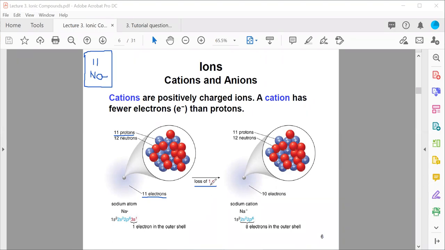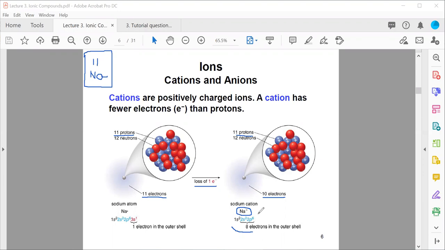It tends to lose that electron so that it results in this. It still has 11 protons, but it now has only 10 electrons, and hence it becomes charged. So here we have the sodium cation, but more importantly is the new electron configuration, which results from that loss of one electron.